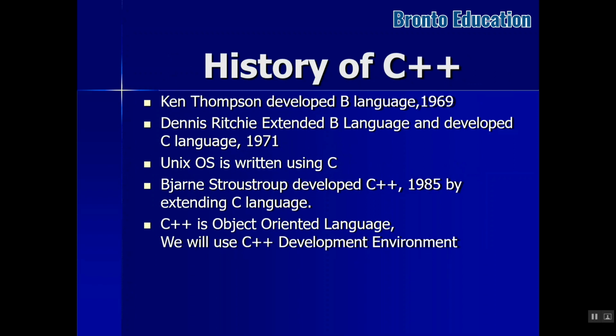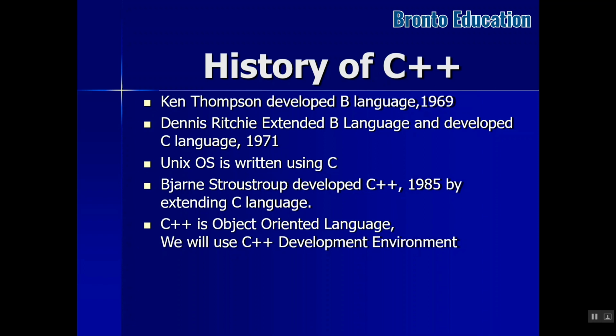So let's talk about the history of C++. Before C++, we also had some other high-level languages just like B, C, these things. Ken Thompson developed the B language in 1969. That was also a high-level language. Then Dennis Ritchie extended the B language and developed the C language in 1971.